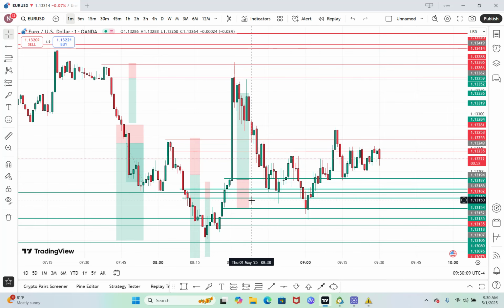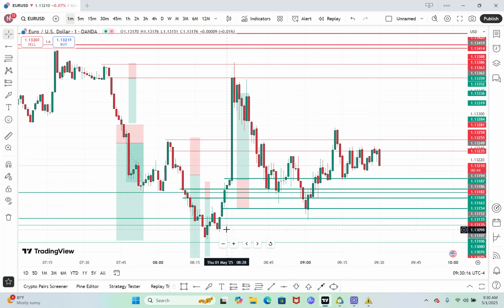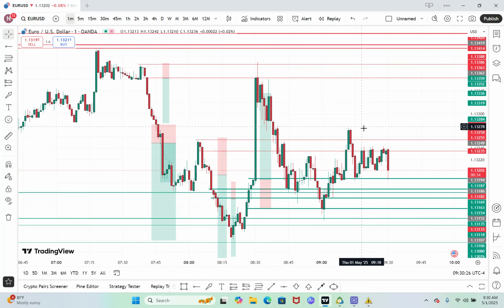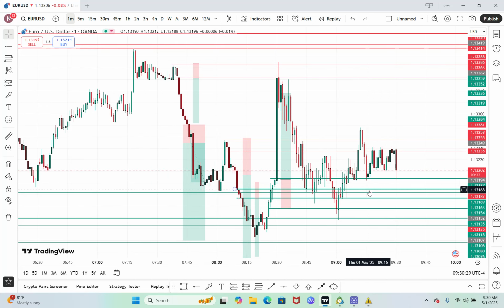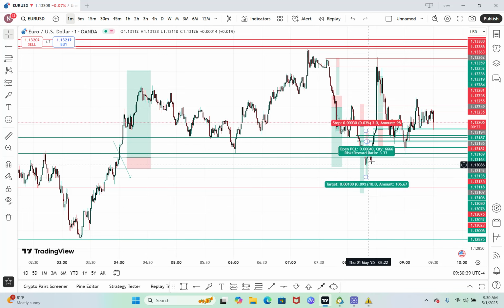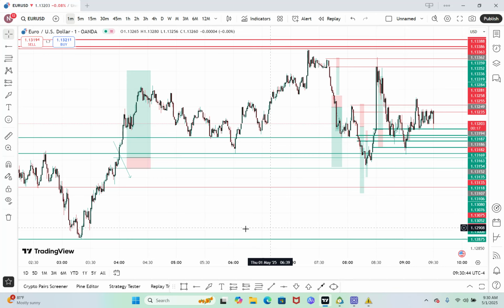The market went a little bit below where we have our entry point, stopping us out and then collecting this here, which we overlooked, pushing the market up. Now the market is coming back down. So let's see if the market is going to come back and take out this here, pushing further down.